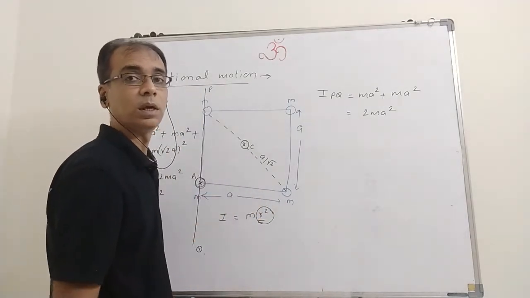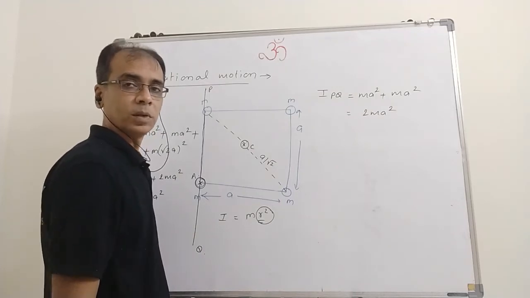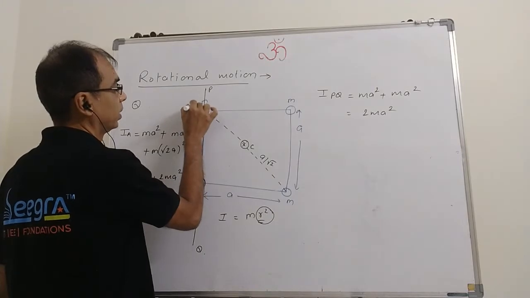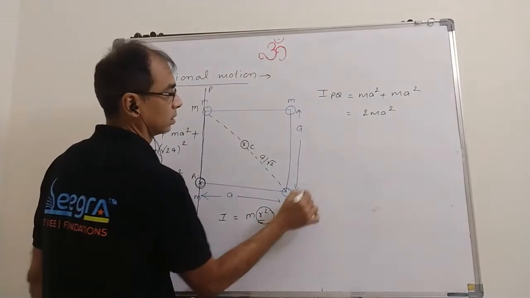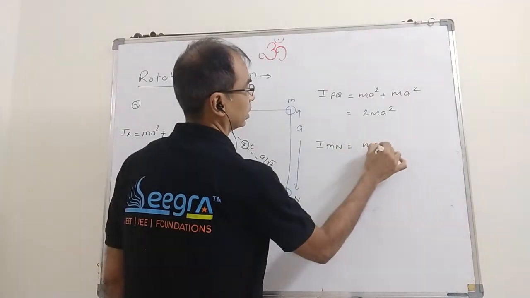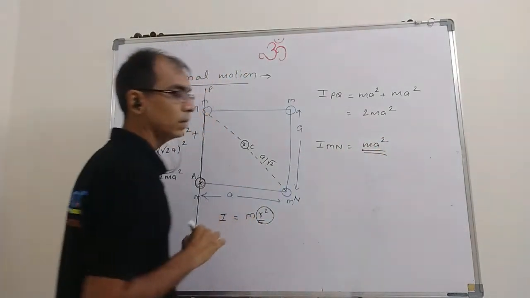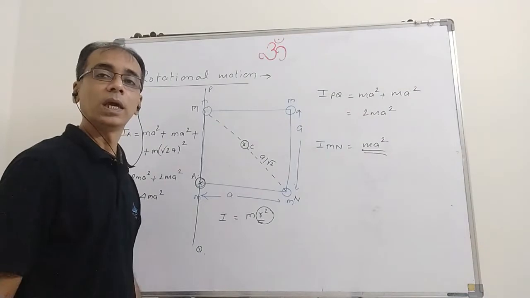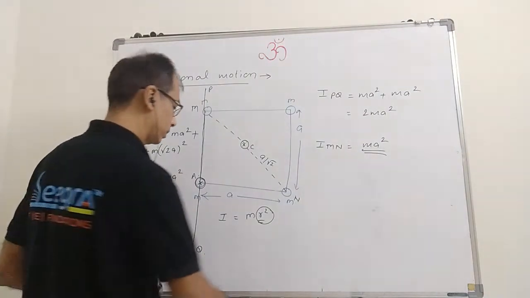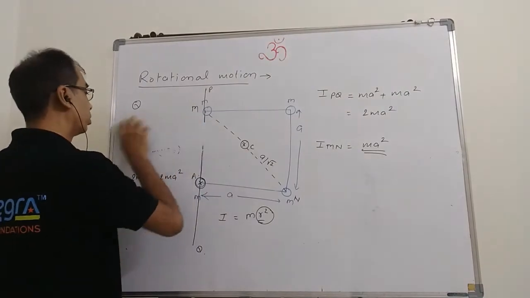So the total will be mA square. About the diagonal MN, I MN will be mA square only. So the moment of inertia about every axis is different. Okay, then let's do one more question.